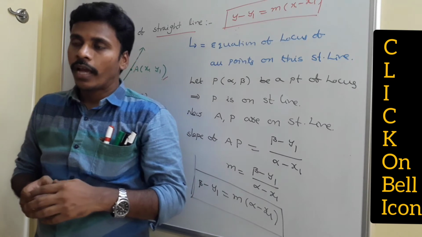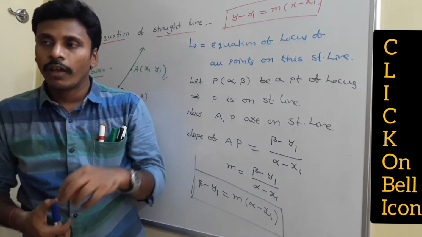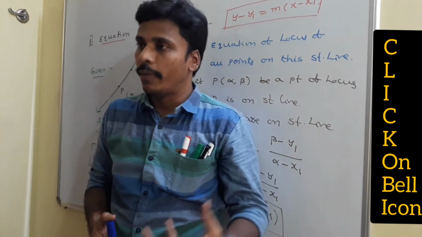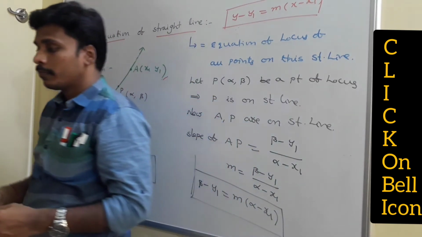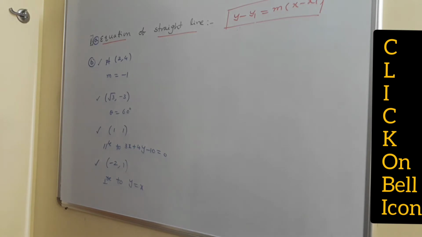Have a look at this, and using this I am going to find the equations of straight lines with different parameters. Look at the board. I gave you 4 different problems to find the equation of straight lines.